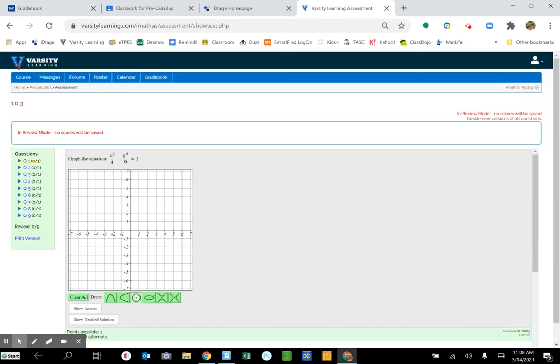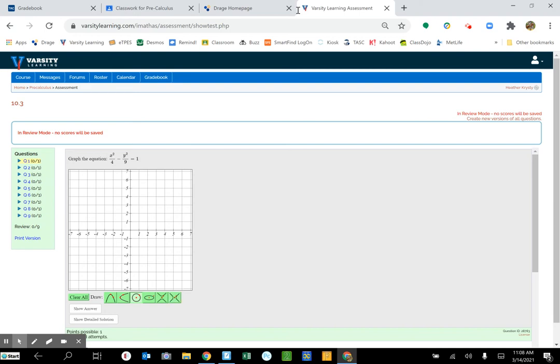All right, so actually, this is the problem we just did, very close to the problem we just did. So notice down at the bottom, you have some tools here: parabolas, circle, ellipse, hyperbolas. You need to pick if it is a vertical, opens up and down, or a horizontal, opens left and right, hyperbola.